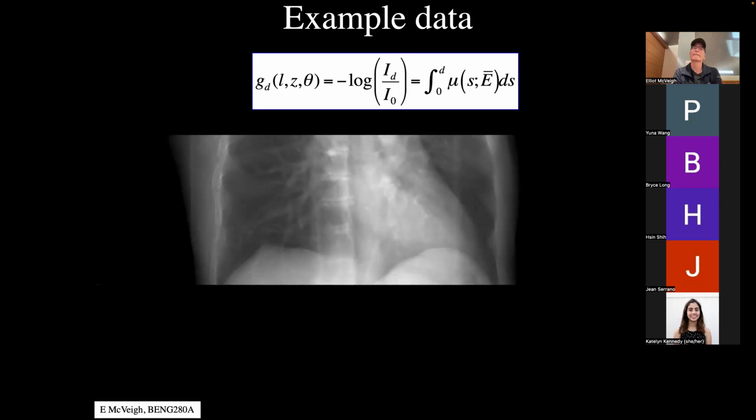So this image isn't just like a sum of the mu's as opposed to the previous image? Yeah, it is. So isn't that how you would get from the intensities to the GD values? This is the GD values. Yeah, these are the GD values, right? So these are the sums of the mu's.